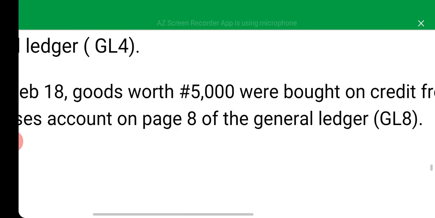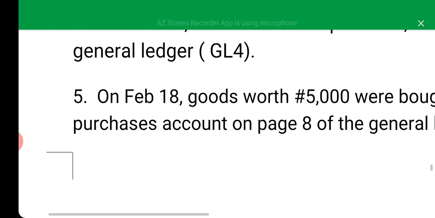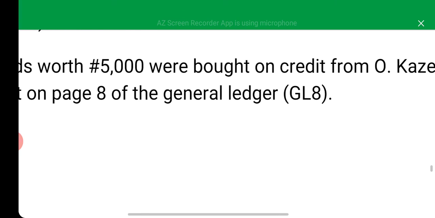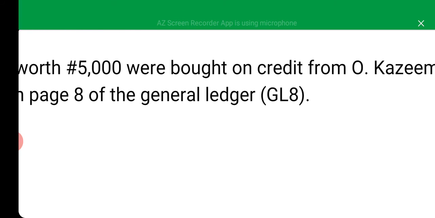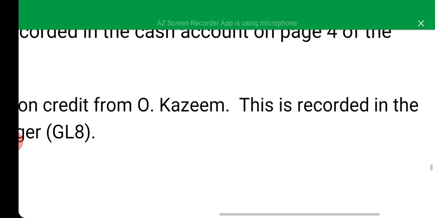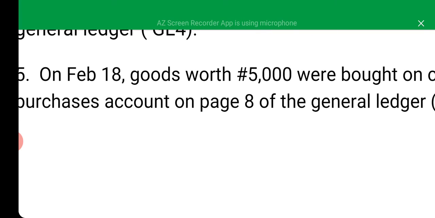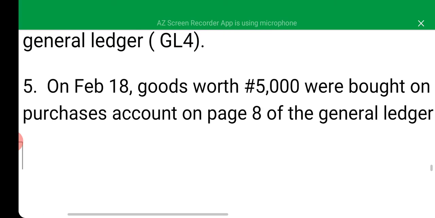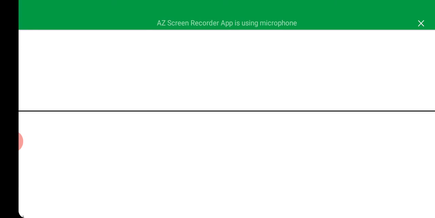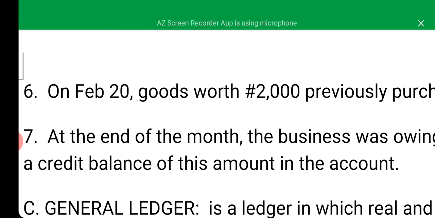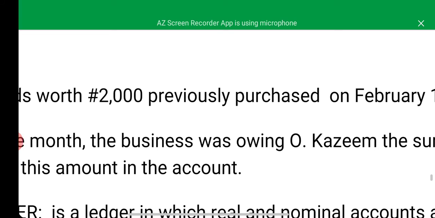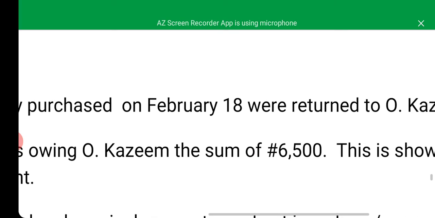of the general ledger. On February 18, goods worth 5,000 were bought on credit from O Kazim, meaning that he supplied more goods worth 5,000, and this is recorded in the purchases account on page 8 of the general ledger as well. On February 20, goods worth 2,000 previously purchased on February 18 were returned to O Kazim.